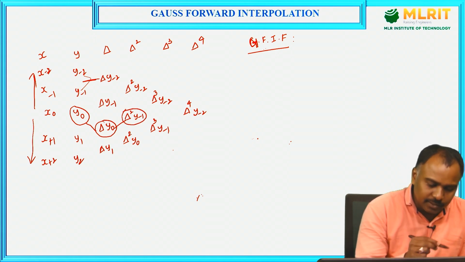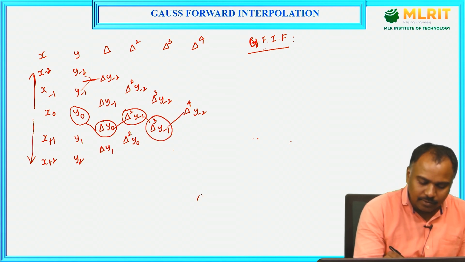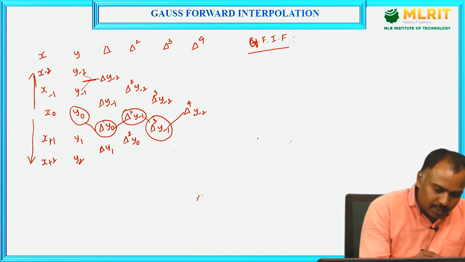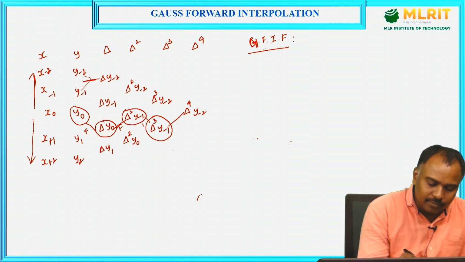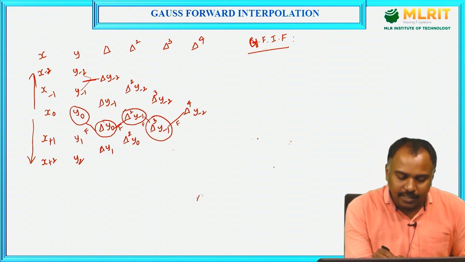So we need to use these values: one value up, then one value down, then one value up. Therefore the forward formula consists of these particular values, and using these values we can construct the formula easily.